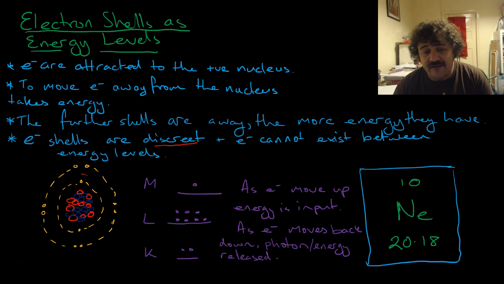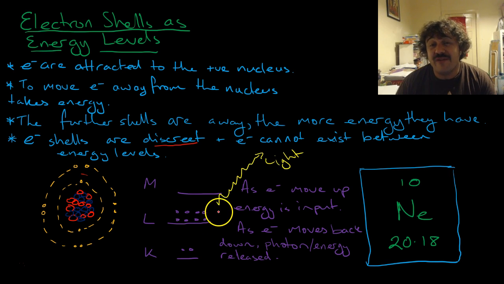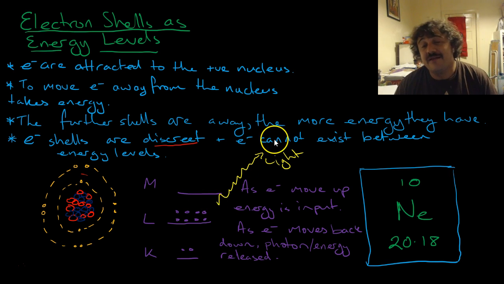When an electron releases energy, we call that light. So electrons move up, they get all energetic, and they come back down and release light. That's what fire is. The part of the fire we can see is electrons being excited, so they move up levels, and then they calm down, and it just keeps happening over and over. As they calm down, they release light, and that's the light from fire.